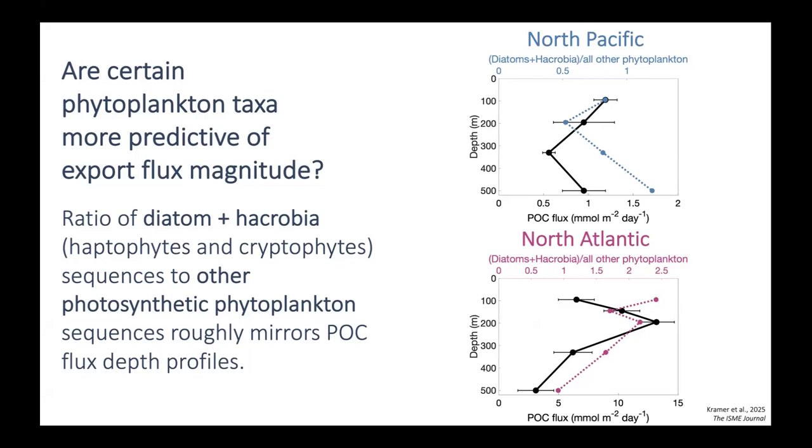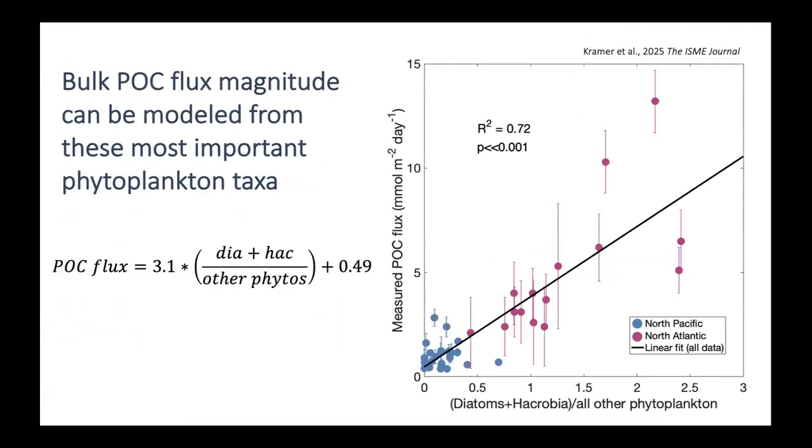When we look across all of our different deployments and all of the different depths, what we found is a broadly positive linear relationship between this simple phytoplankton metric, the diatoms and Hecrobia relative to all other phytoplankton, and the measured POC flux data. So we can create a simple linear relationship and think about why it might be scaled this way and whether it might hold up in other ecosystems.